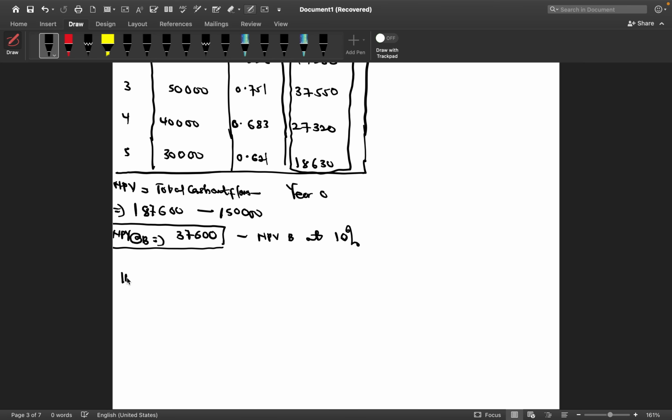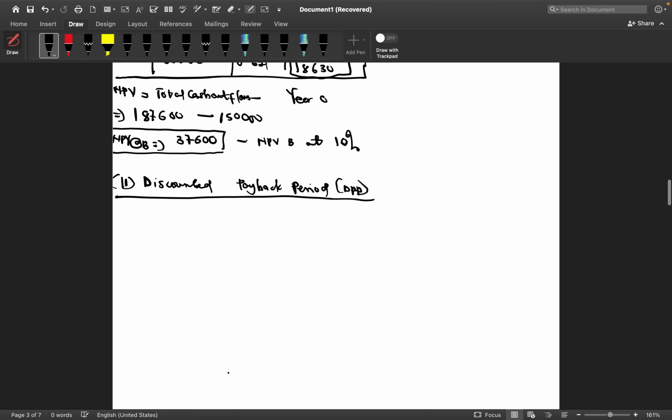I'm renumbering it: the discounted payback period is II. I'll do it for project A and for project B.